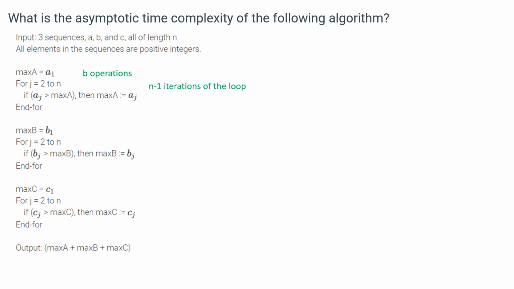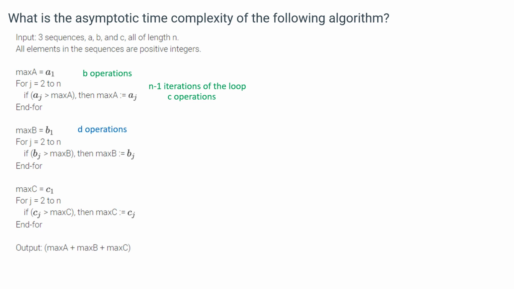Then inside this loop, we go from 2 to n. So we're going to have n minus 1 iterations of that loop. Inside the loop, it kind of depends, since we have this if statement here. Sometimes it might do a certain amount, sometimes it might do another. Again, it doesn't really matter. We could say what's the worst case, but again, we'll just say it's some constant number, so we'll call it C operations.